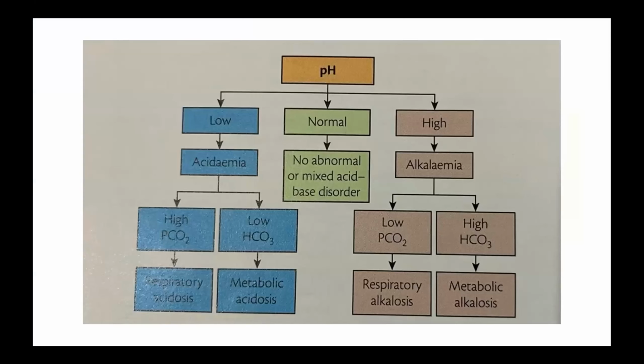So let's see what is happening in respiratory acidosis. You can see pH will go down due to carbon dioxide retention, because of hypoventilation. Once the carbon dioxide goes up, pH will go down. So what are the effects on the patient?